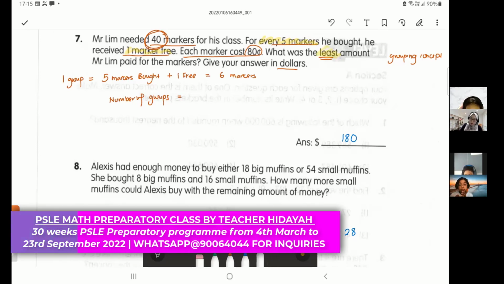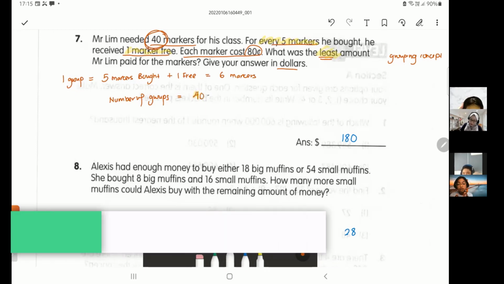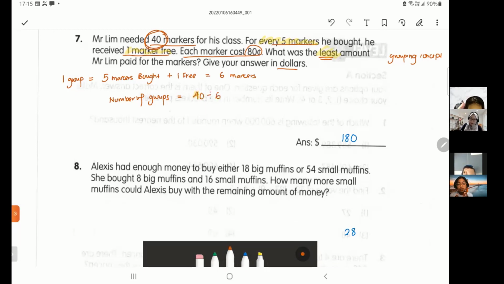Okay? So you take 40 divided by 6. And when you divide, you are going to get 6, remainder 4. What does 6 refer to? This means there are 6 groups of 6 markers. Okay, which is this one.